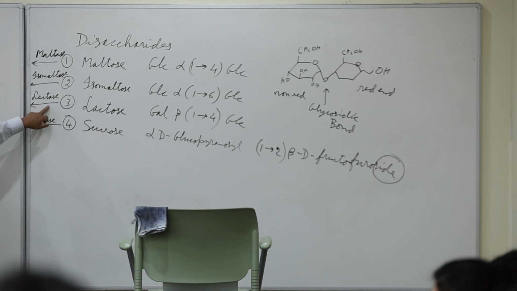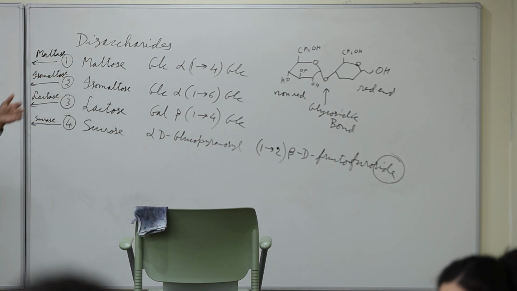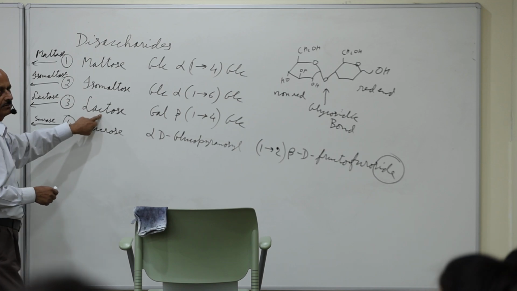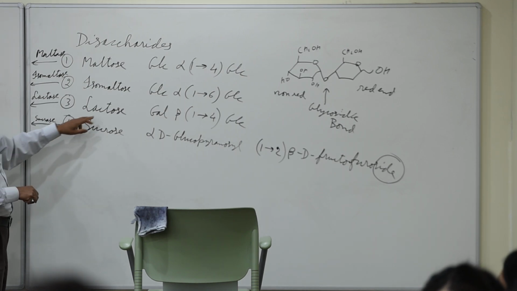But a whole lot of people have a deficiency of lactase, mainly in Asia and Africa. Especially as you grow older, you get less and less of lactase. So people will have a problem digesting regular milk because of the lactose in it. But now there are solutions. There are lactase enzymes or lactose-free milk available, which can solve the problem.